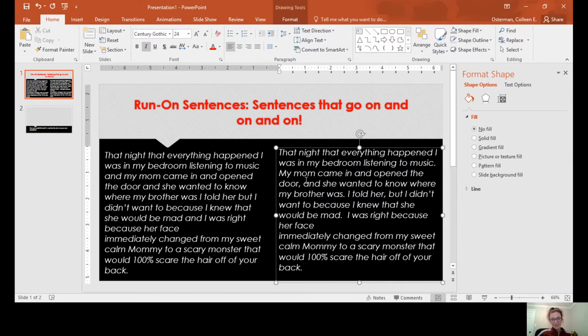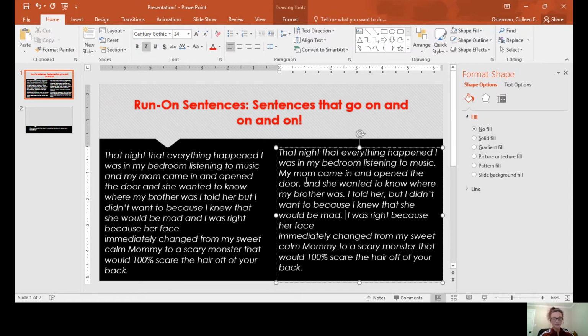My mom came in and opened the door and she wanted to know where my brother was. I told her, but I didn't want to because I knew that she would be mad. I was right because her face immediately changed from my sweet, calm mommy to a scary monster that would 100% scare the hair off your back.